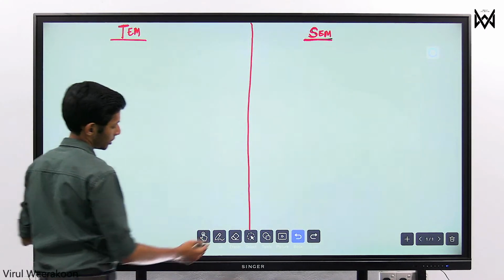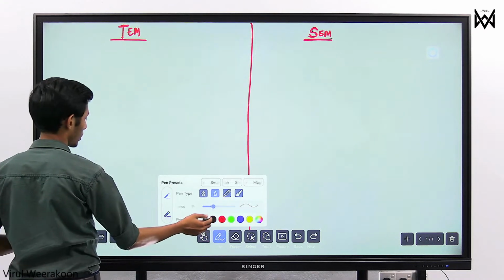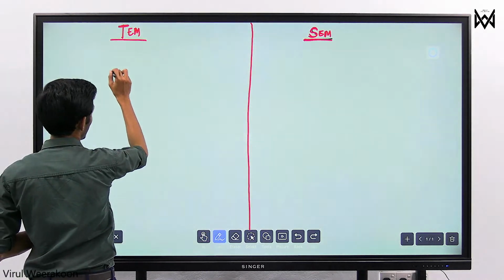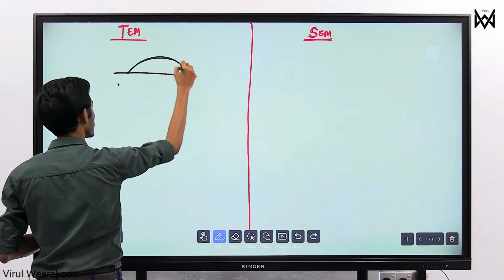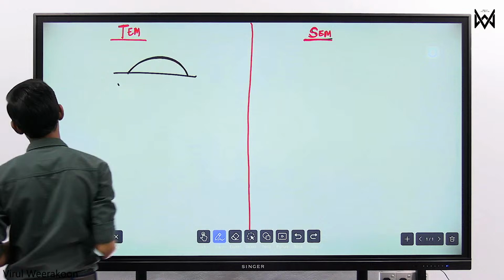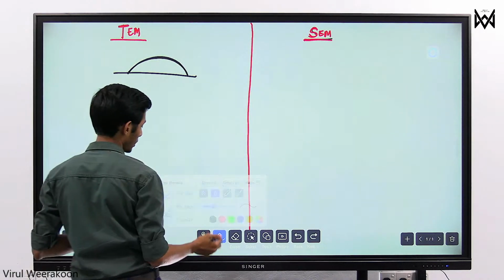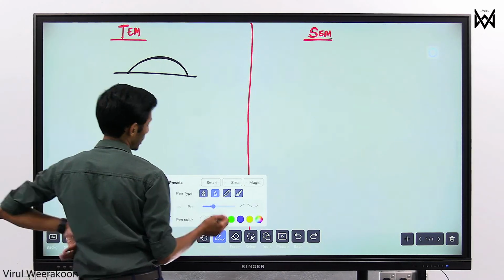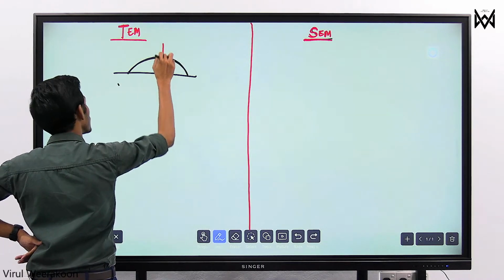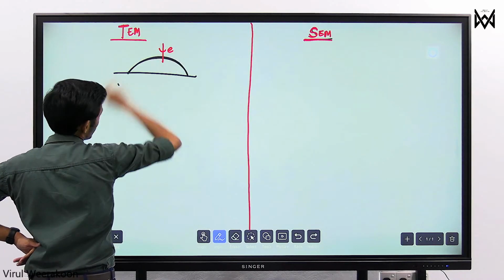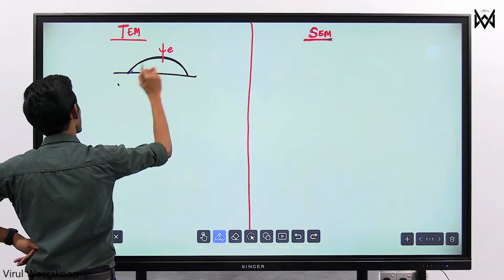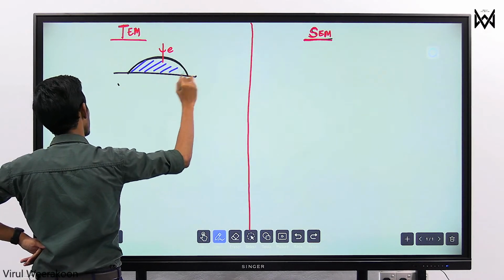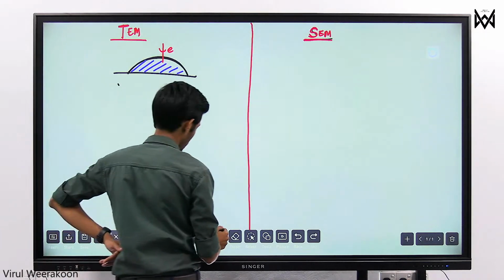So first one, the most important one: in the TEM, this is the specimen, right? The electrons are coming through the specimen. So here we are able to observe the internal structures, right?